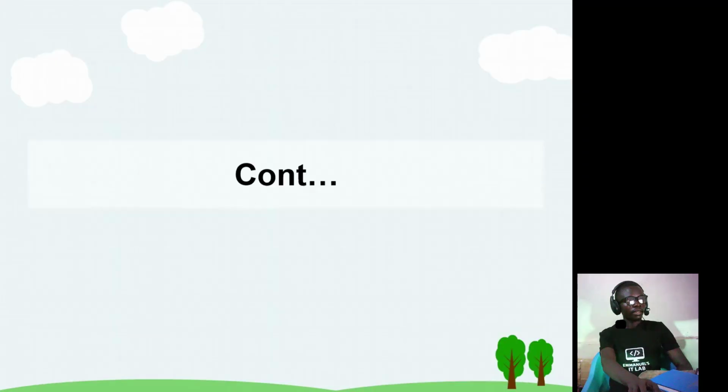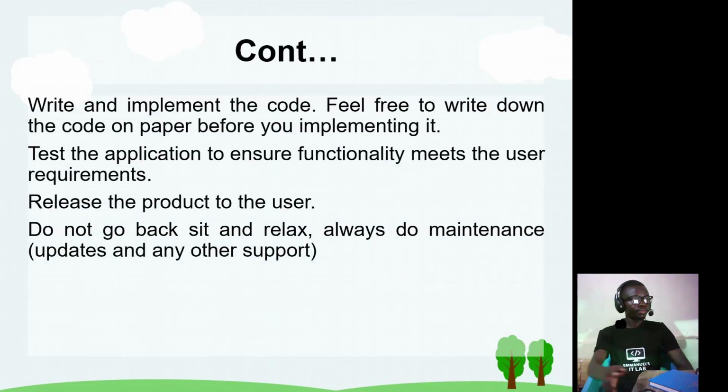So another key thing to look out for here: write and implement the code finally. So here, before you write the code, feel free to write it down on paper. So before you go on the PC to write. Test the application to ensure functionality meets user requirements.